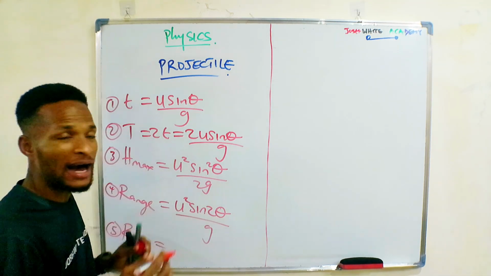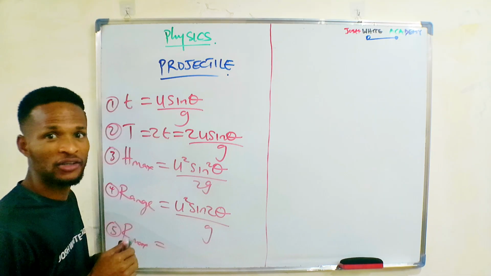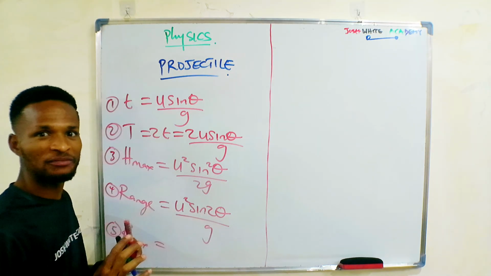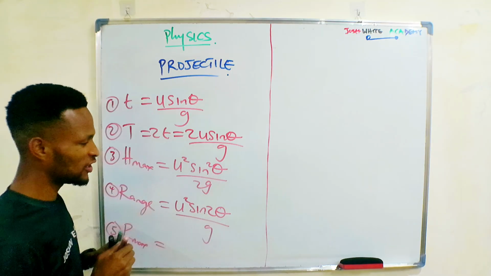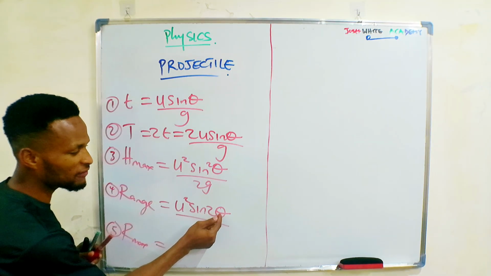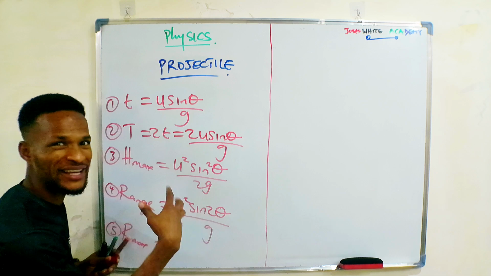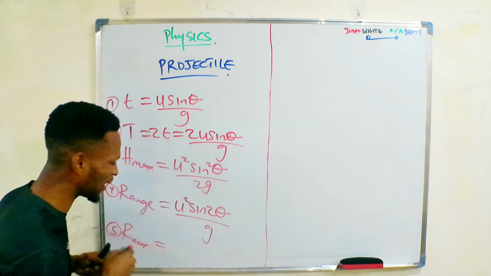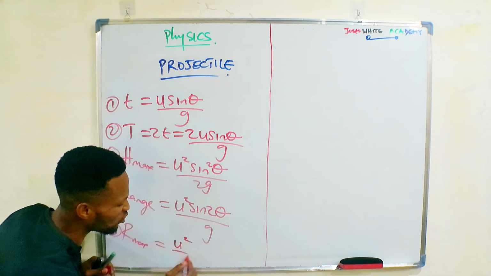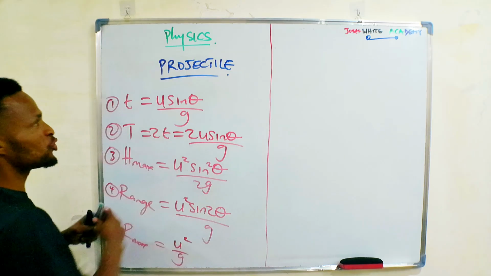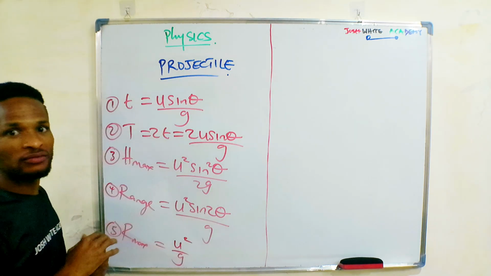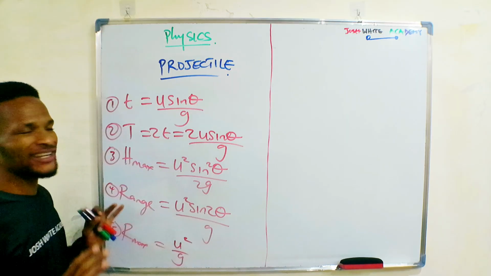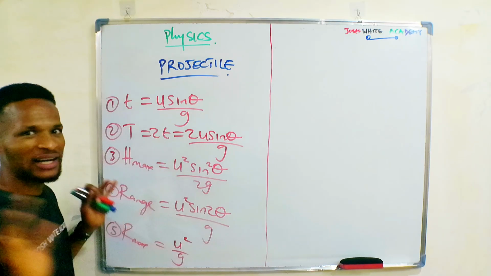That's when our angle is 45. To obtain the maximum range, the projectile is set at an angle of 45. So if the angle is 45, 45 multiplied by 2 will give you 90. Sin 90 is equal to 1. So that will give us U² / g. So U is our velocity, θ is our angle, and g is our acceleration due to gravity.